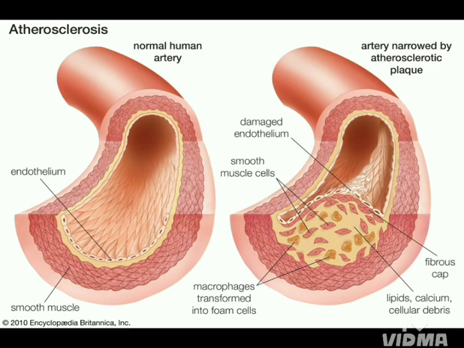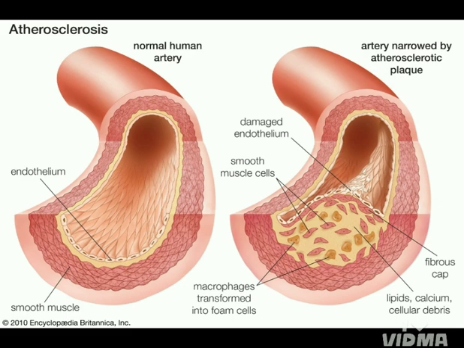Next, we can see about pathophysiology. In pathophysiology, first endothelial dysfunction may happen, then lipid accumulation and modification, leukocyte recruitment and infiltration, foam cell formation, that is accumulation of lipid-laden macrophages, which gives a foamy appearance, hence the name foam cells.